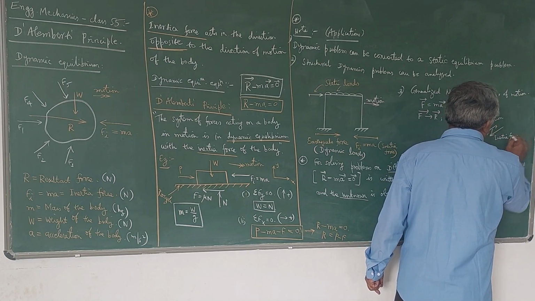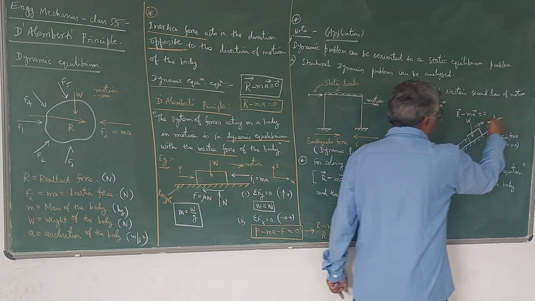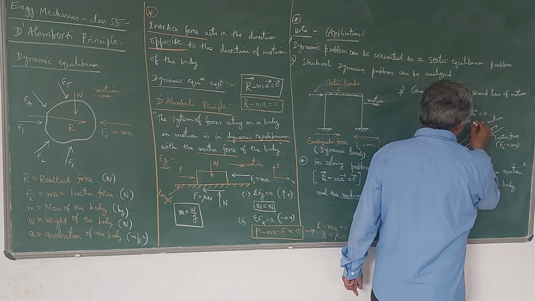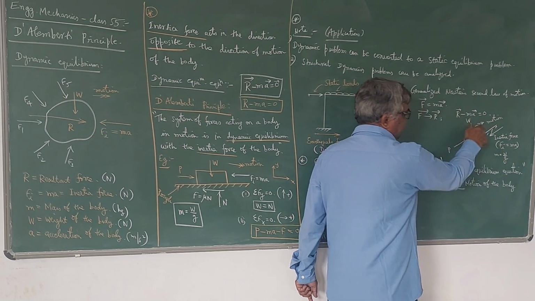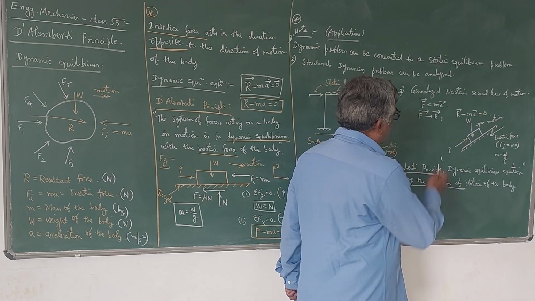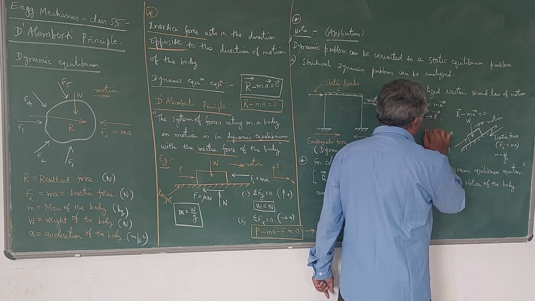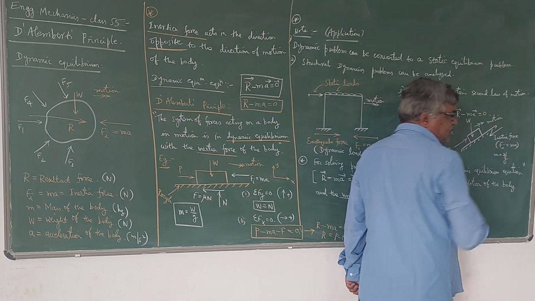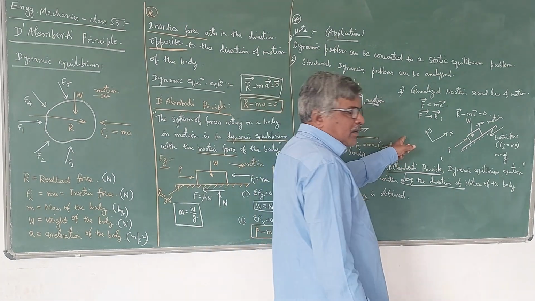The inertia force, which is Fi, which is m into A, acts in the opposite direction, where m is given by W by g. W is the weight of the object, which is given. So we are going to write the dynamic equilibrium equation along the x-axis, which is parallel to the plane, as well as along the y-axis, which is perpendicular to the plane.